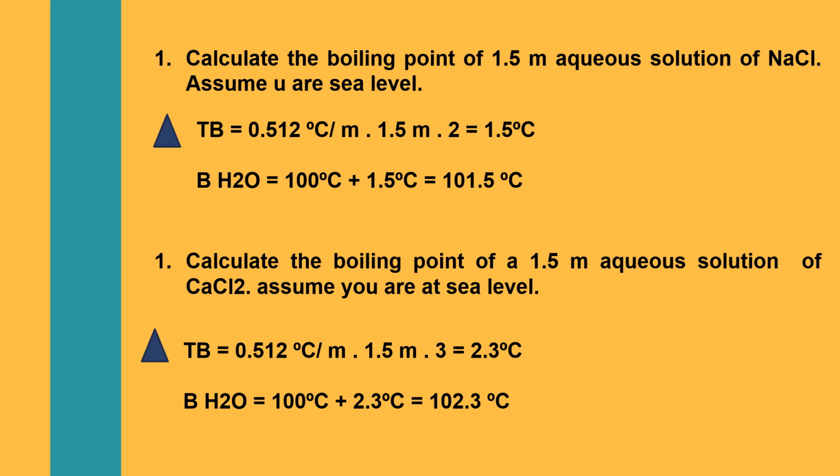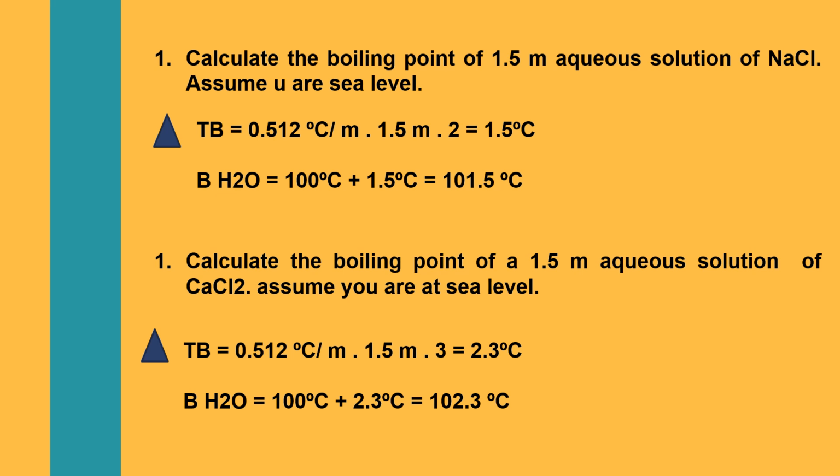I'll put it in our calculator: 0.512 multiplied by 1.5 multiplied by 3 equals 2.3 degrees Celsius. So the boiling point of the solution is going to change by 2.3 degrees Celsius.